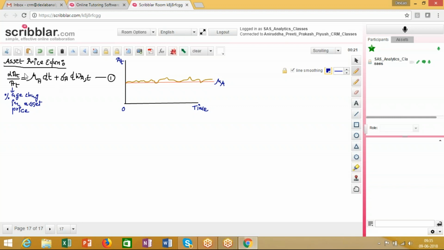So over here, this mu A talks about the average percentage change in the asset price or in the asset value, per unit of time.